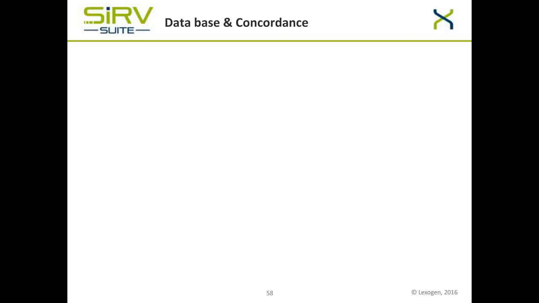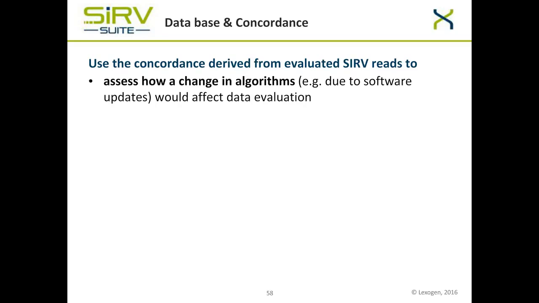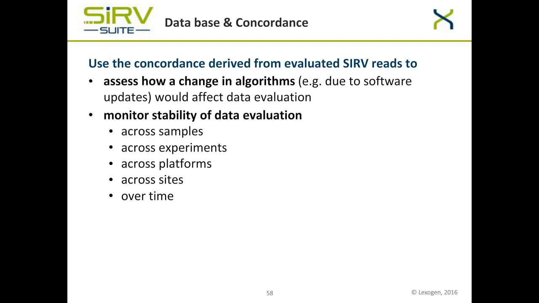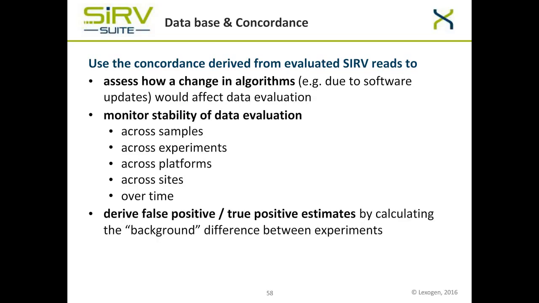So what do you really get from this concordance calculation? As you've seen, you can assess how a change in algorithm actually affects your data evaluation. You can monitor the stability of your data evaluation across samples, across experiments, across sites with your collaborator, and also over time. You do an experiment now or in 6 months' time, and you can compare how stable that is.